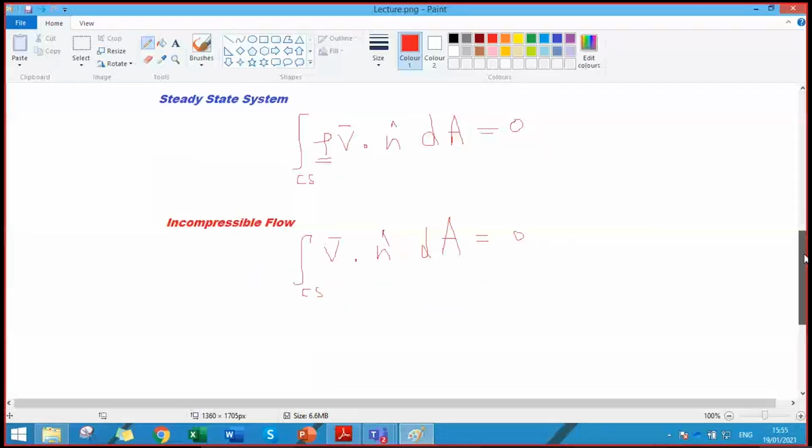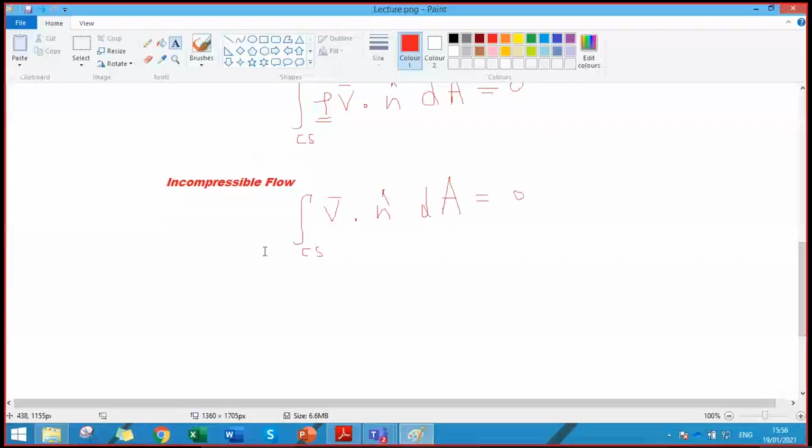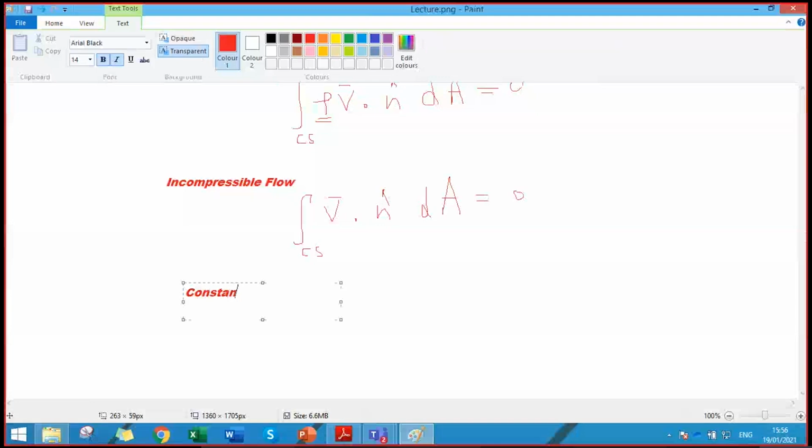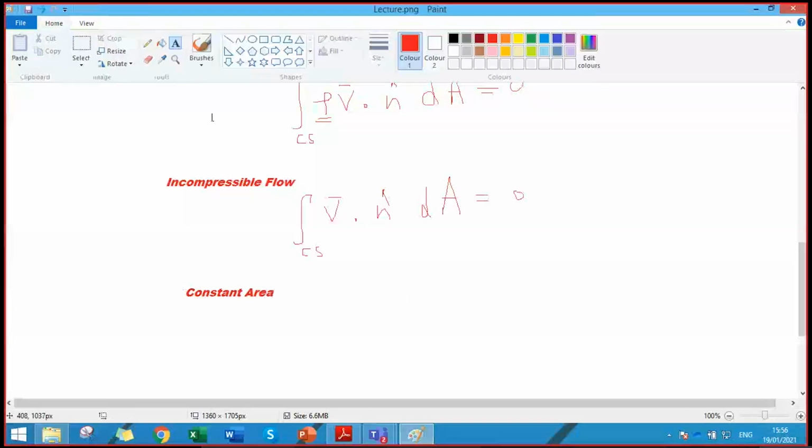And now if I say that the area over which I am applying this integral is a constant area, then what would happen to this equation? The area of the inlet and the outlet is constant, it's fixed.